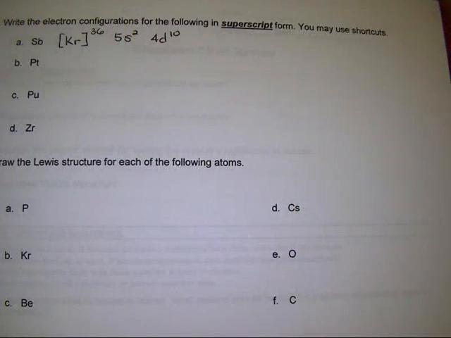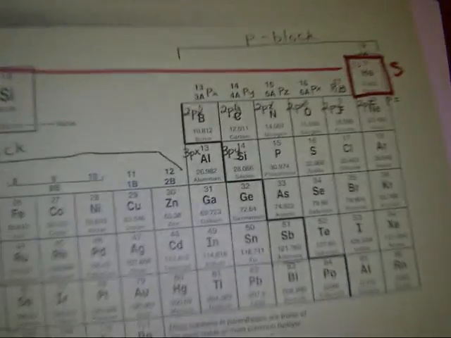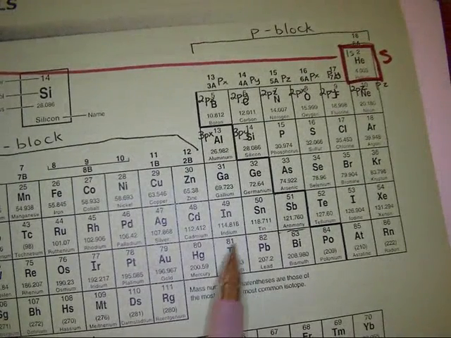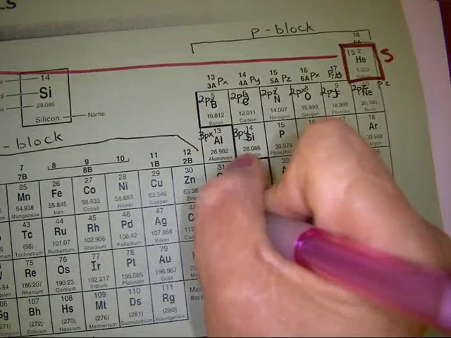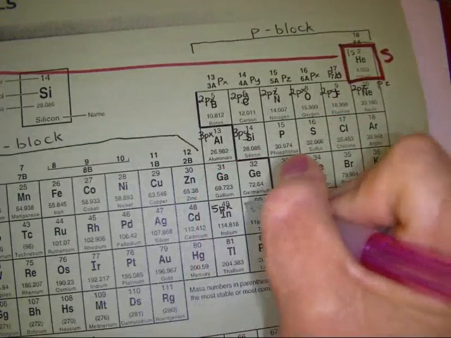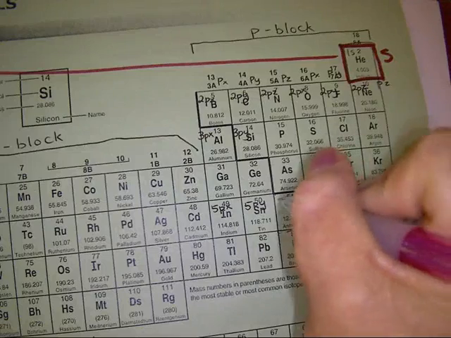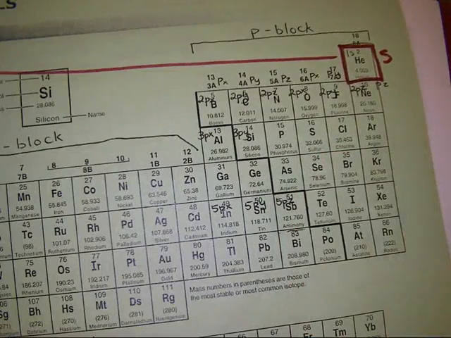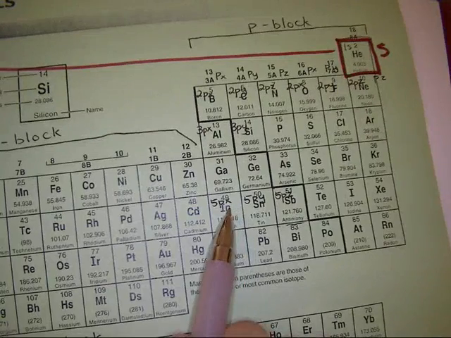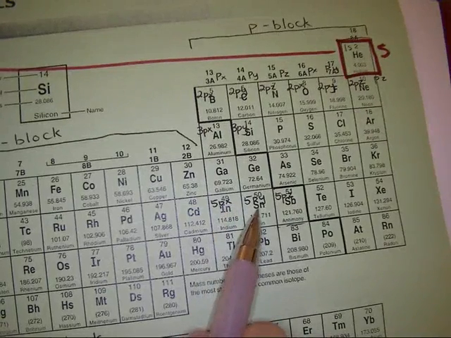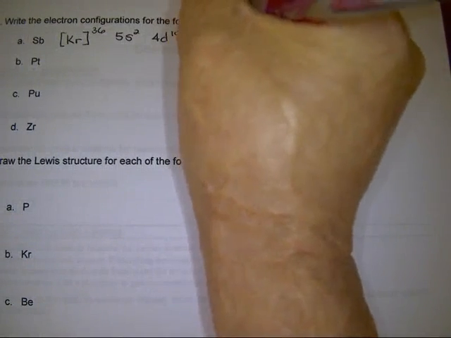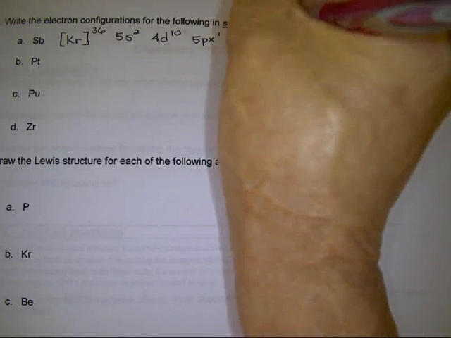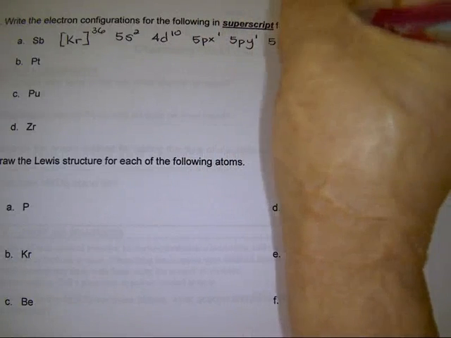Finally, I'm going to get to the rest of it, up to Sb. Number 49 is in px, and it's the 5th row, so it's 5px. Sn is in 5py, and Sb is in 5pz. So I have 1 in 5px, 1 in 5py, and 1 in 5pz. The way I'm going to write this in superscript is 5px1, 5py1, 5pz1.